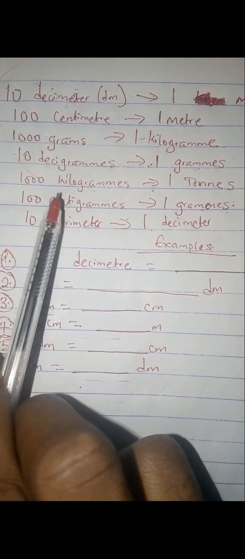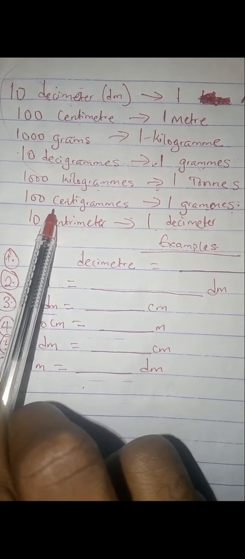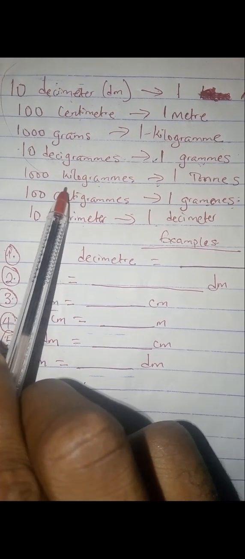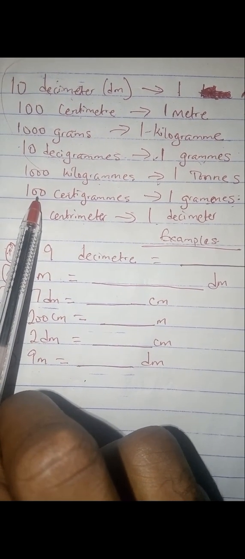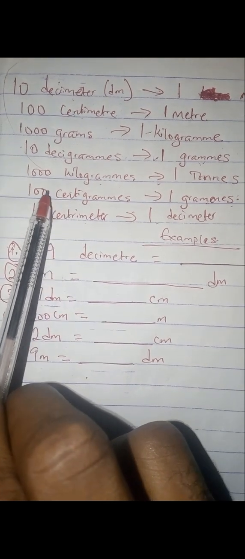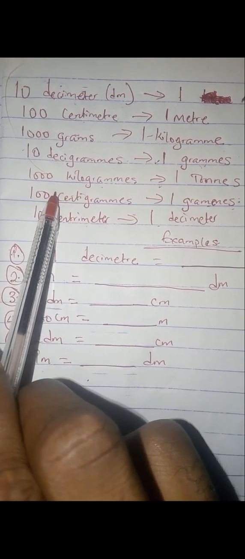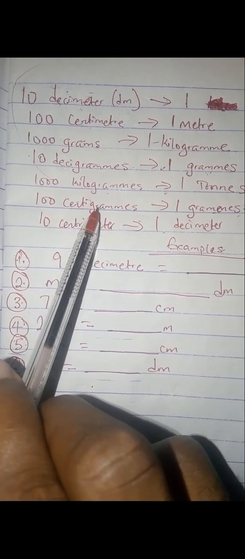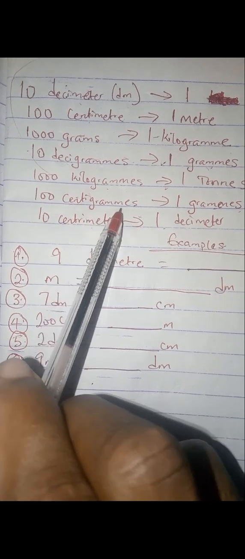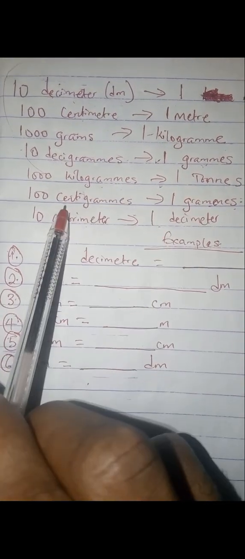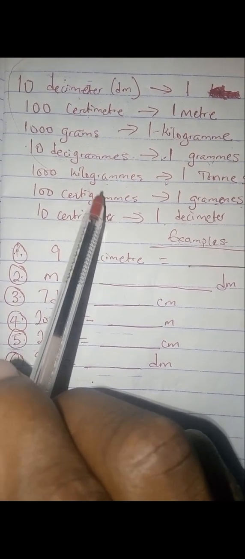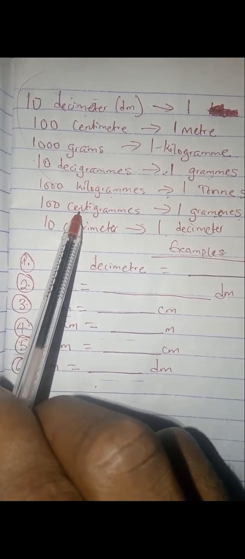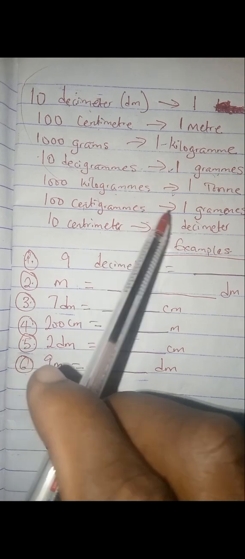Remember, cent means 100. That means we have 100 centigrams to get 1 gram. Remember, this cent came before this gram. That is telling you that you need 100 cents to get this gram.